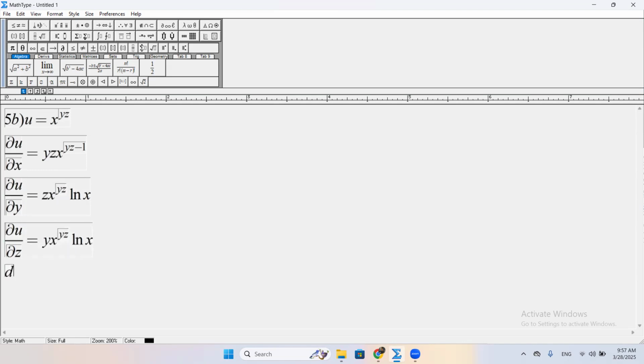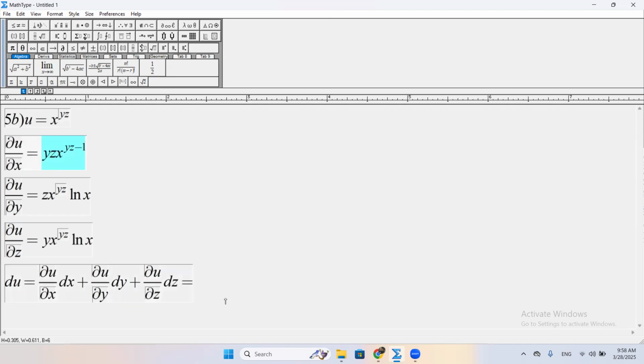Now finding the total differential. So multiplying it.